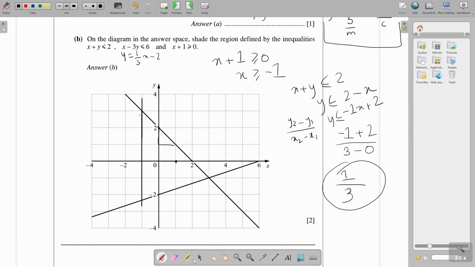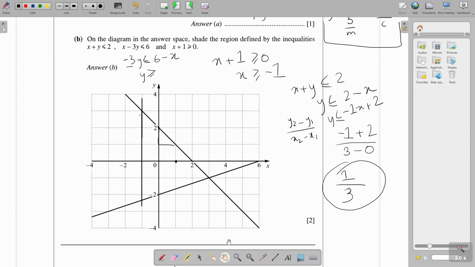And then the last one, even though we converted it already, I'm going to convert it again because I have a feeling something's going to happen here. So minus 3y is less than or equal to 6 minus x. And then when we divide or multiply by a negative number, we flip the inequality. So we make it greater than or equal to.